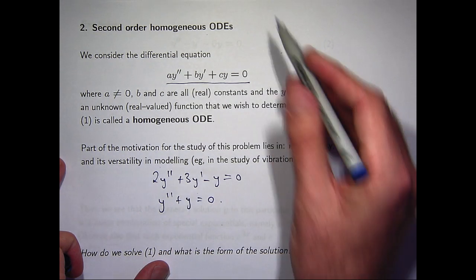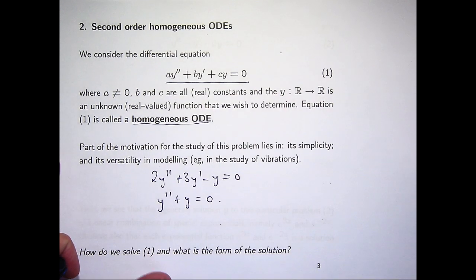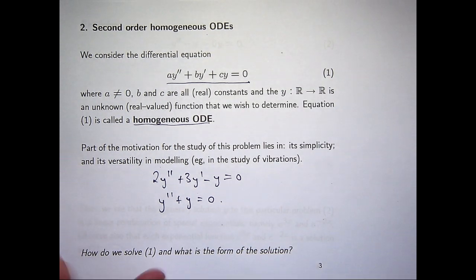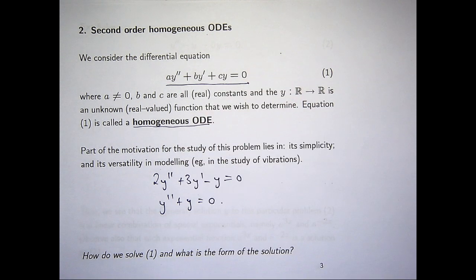Now, we call this particular general form homogeneous, due to that 0 on the right-hand side. Whenever you see 0 on the right-hand side here, that's what we mean when we talk about homogeneous second-order problems with constant coefficients.